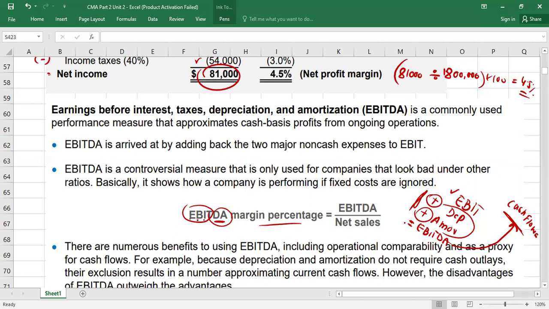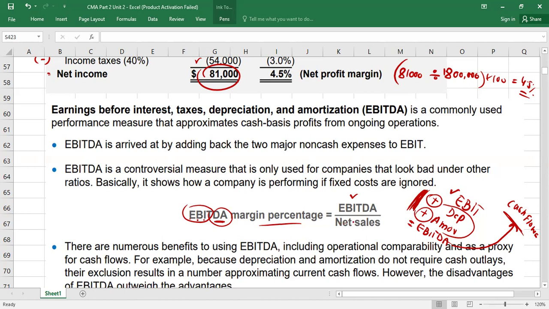As I told you, mostly the banking sector uses this ratio. We take EBITDA as the numerator, and I told you how to find it: take EBIT from the income statement and add back these two non-cash items. You get EBITDA. So EBITDA divided by net sales. What is EBITDA?